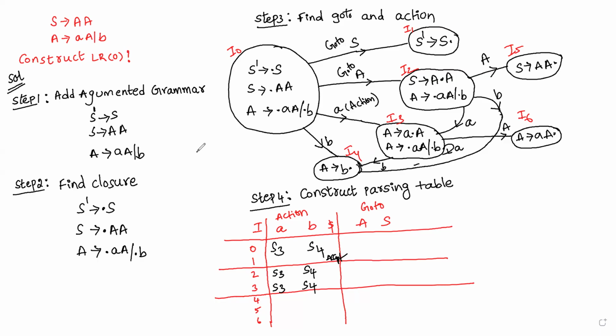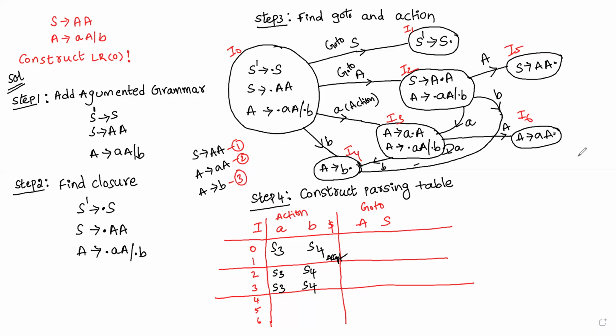So what you have to do is write all the productions in a line: S tends to AA as well as A tends to aA and A tends to B. Remember, this is called production number 1, production number 2, and production number 3.